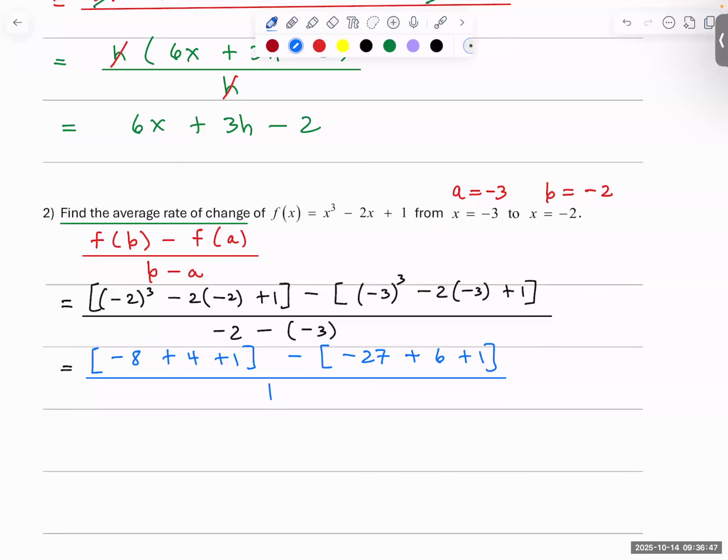Delta x is +1. So now this is -8 plus 4 plus 1 is -4 plus 1 is -3, minus -27 plus 6 is -21 plus 1 is -20.